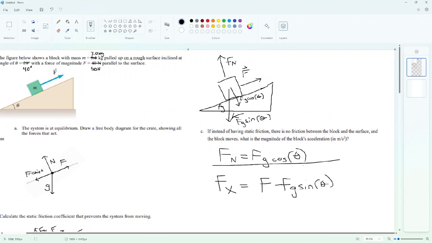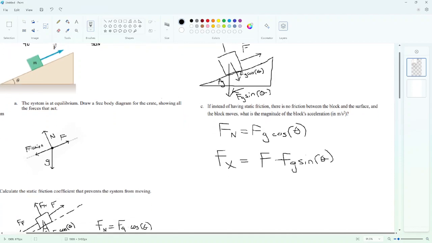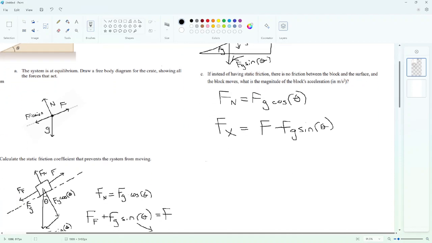So this doesn't contribute to our acceleration whatsoever because this keeps us planted, not phasing into the ramp, so to speak. This right here is where we're curious.